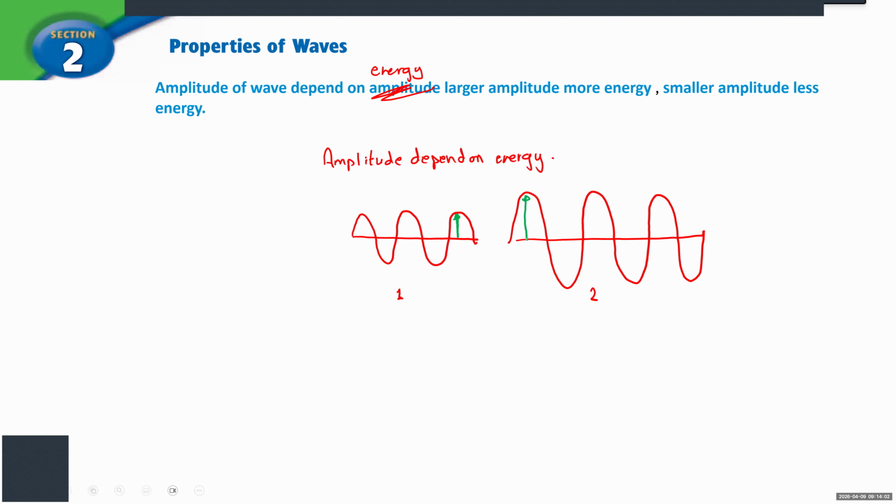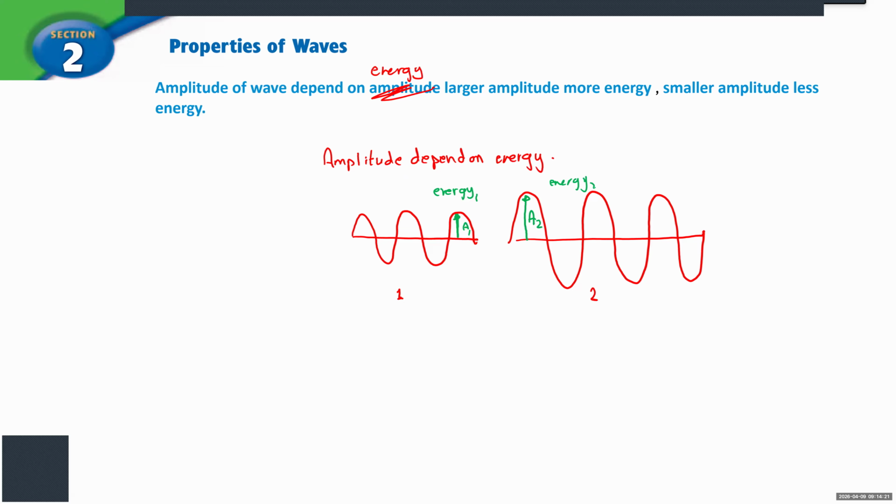But the amplitude of the second wave is larger than the first wave, so the energy for the second wave is more. So energy and amplitude are directly proportional.